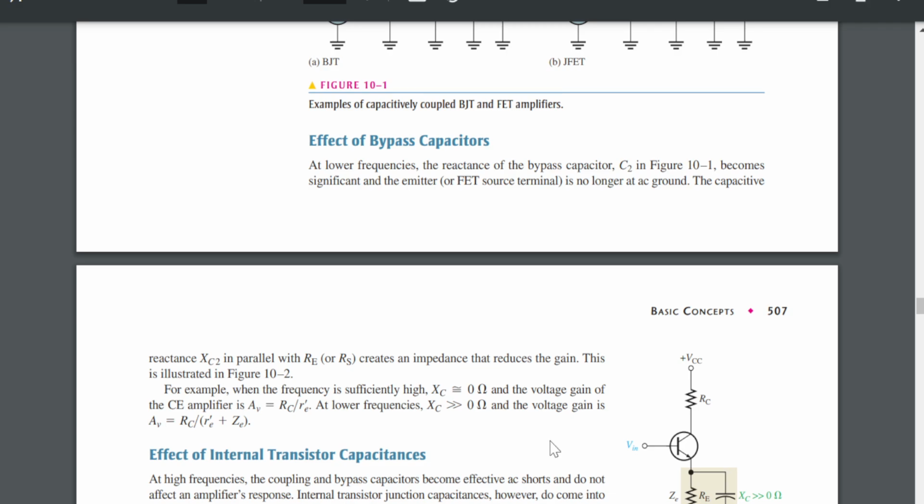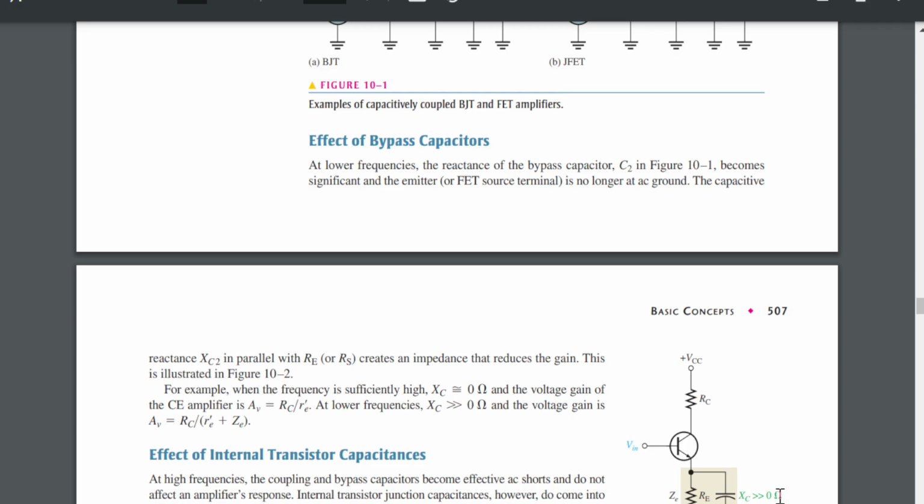When the capacitive reactance is greater than 0, there is some voltage drop. Because the capacitive reactance is in parallel with the RE resistor, the combination of these two gives an impedance.